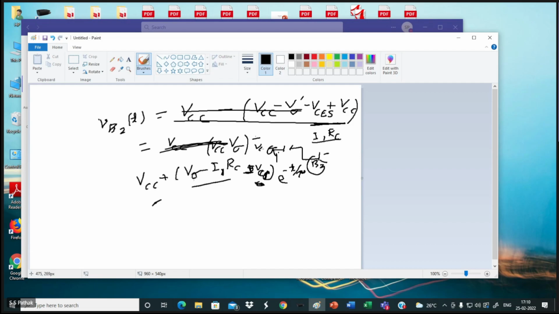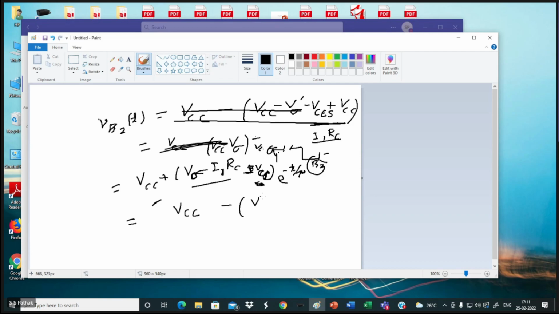VCC plus V sigma minus I1RC minus VCC. This is a VF e to the minus T by tau. I'm writing like that. This is my this thing. Now I can write here. Here I am putting VCC as it is. I can take the minus outside as common.